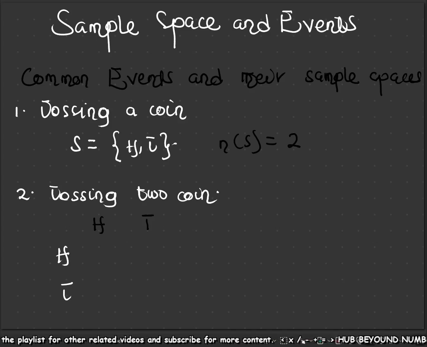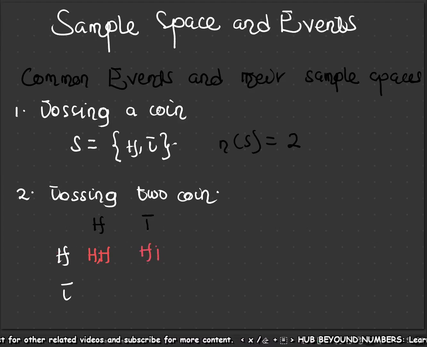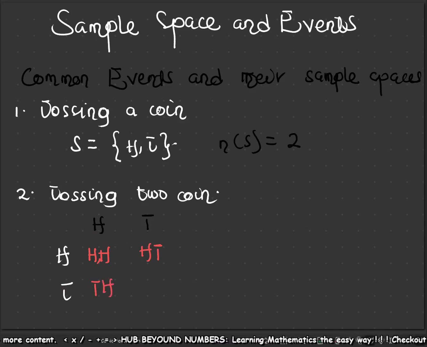Hence, if we are tossing both together, we can either get a head and a head, or a head and then a tail, or the first one gives you a tail and the second gives you a head, or finally a tail and a tail.